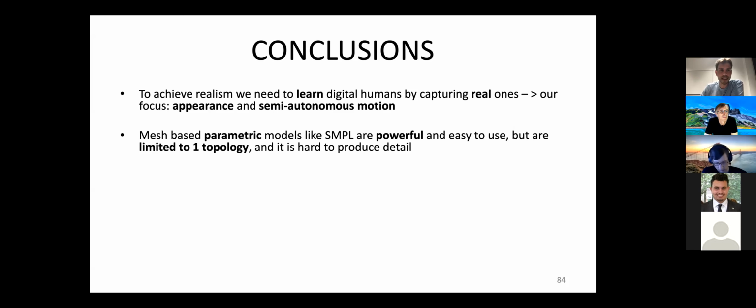The take-home messages, which you will only partially understand because I only presented the first type of models, are these. Mesh-based models are powerful and easy to use, but they are limited to one topology, and therefore it's hard to produce detail and different kinds of clothing.